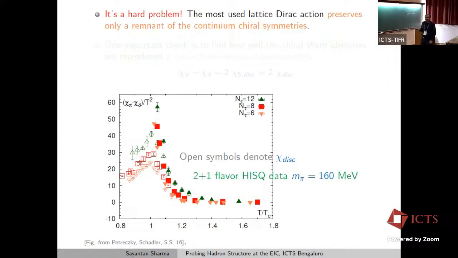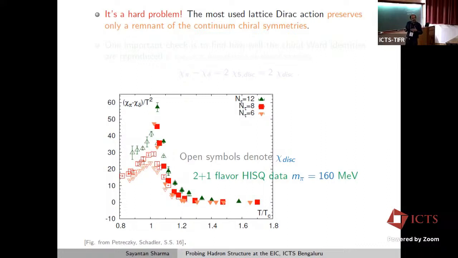You may have heard about no-go theorems, the Nielsen-Ninomiya no-go theorem. Most of the often used lattice Dirac operators only preserve a remnant of continuum chiral symmetries. If one wants to have exact chiral symmetry on the lattice, like we were hearing about overlap fermions, which Kefeng has been working on for a long time, those are computationally very expensive.